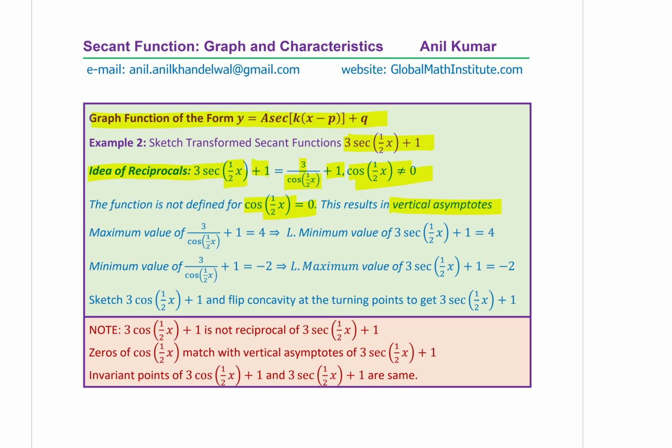That is one thing. Second, when we look at the maximum value of 3 cos half x plus 1, it is 4, correct? And 4 becomes the local minimum value for the secant function, correct? These are invariant points, right? So maximum and minimum values basically are invariant points.